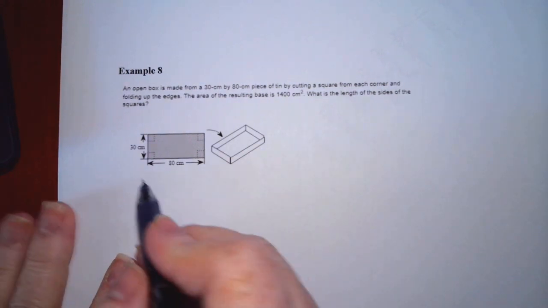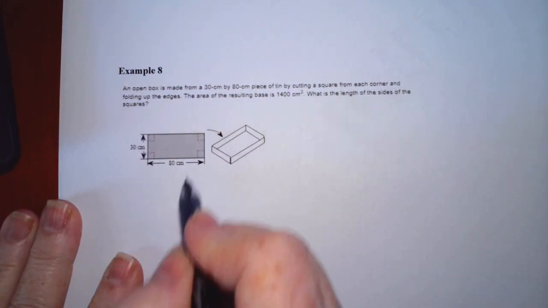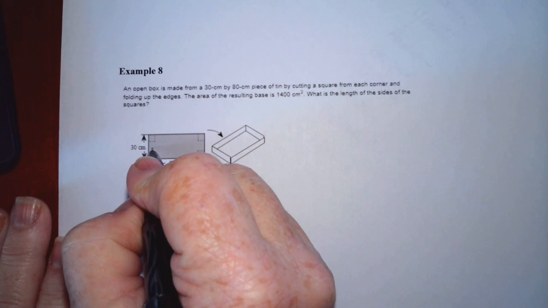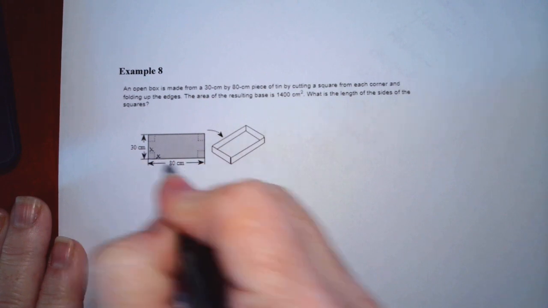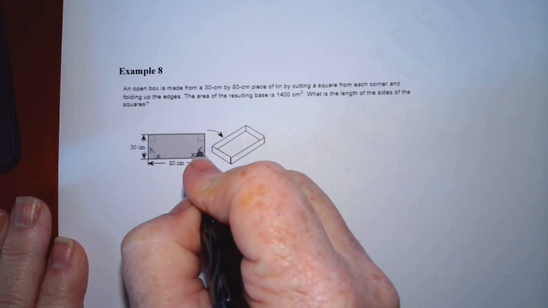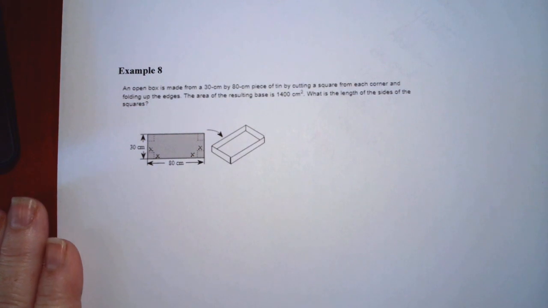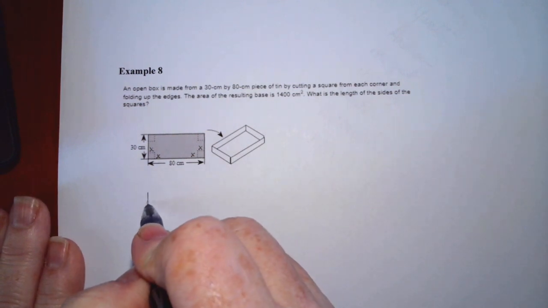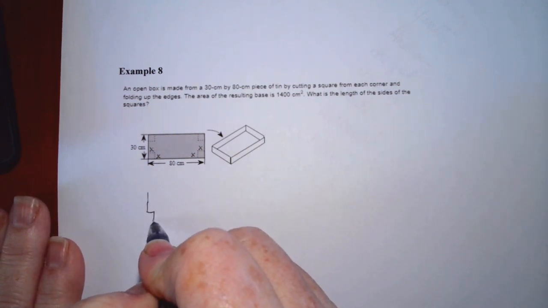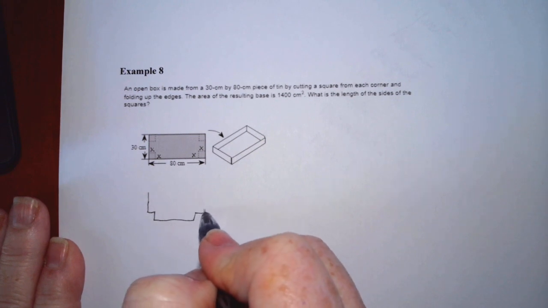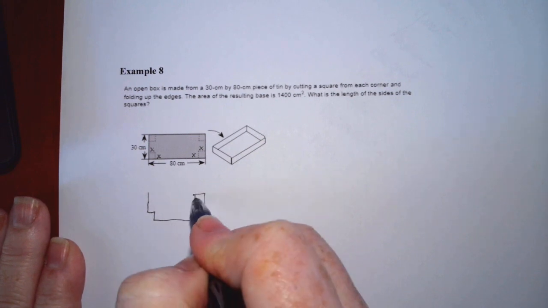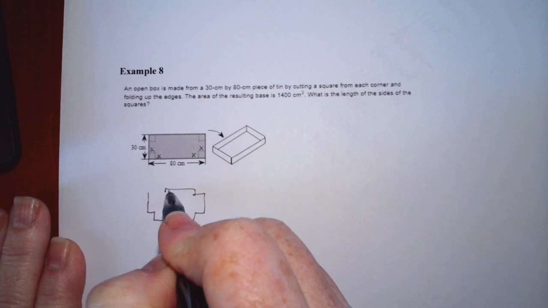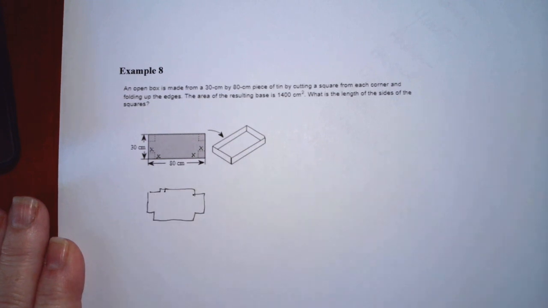Okay, so we start with something that's 80 by 30, and then we're going to cut out little squares whose sides are length x. So when we cut those out, we end up with a piece of tin that, well, I'm not very good at drawing this today, apparently, but it's kind of like this.